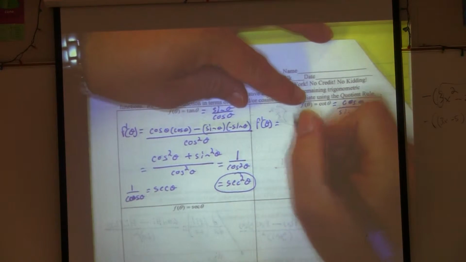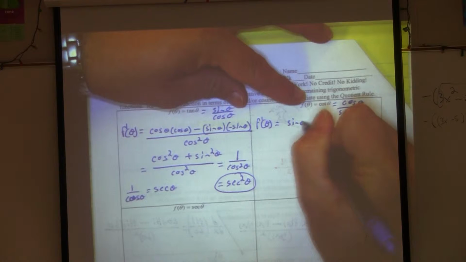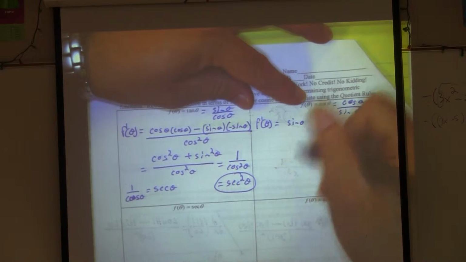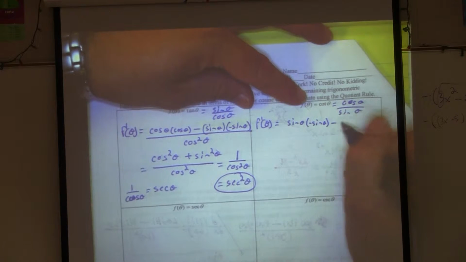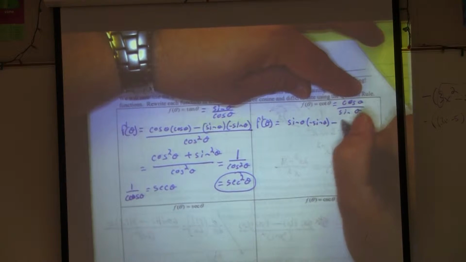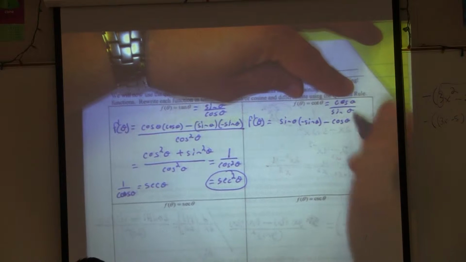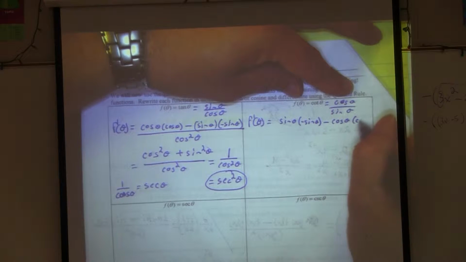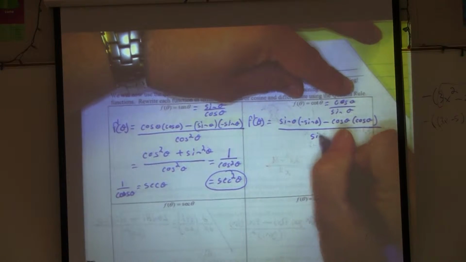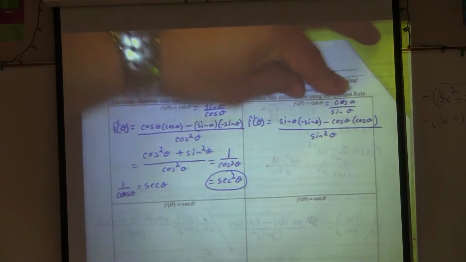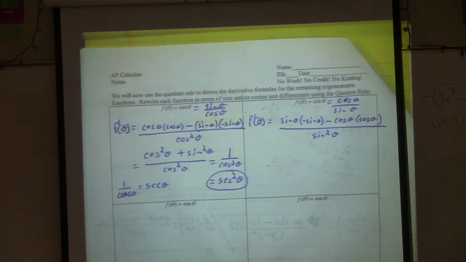So I'll say the words and you tell me what to write. Low, d high, minus high, d low, over low squared: sine squared theta. What do I end up with?